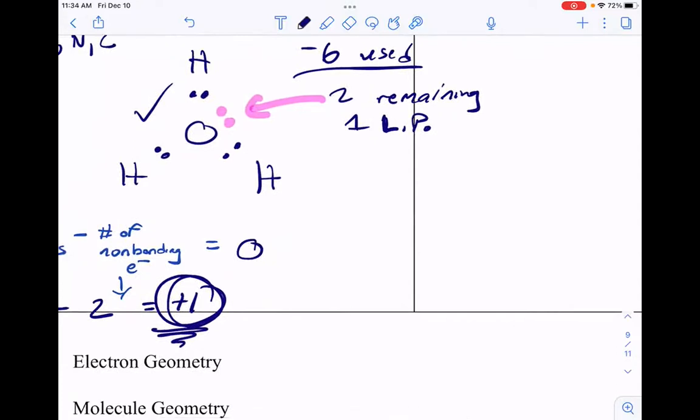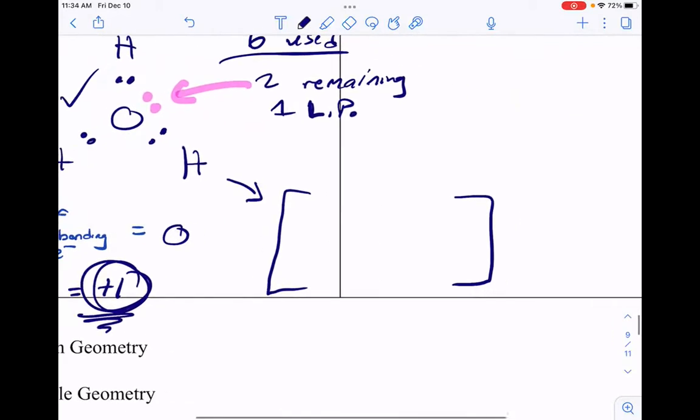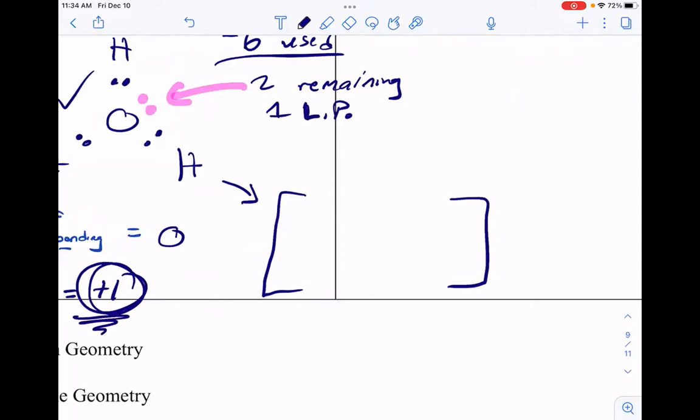All right. So basically, this is the reason why hydronium is +1. And since we're dealing with a polyatomic ion, when you draw the final Lewis structure, you need to put a bracket to communicate to the reader that hydronium has an overall charge of +1.